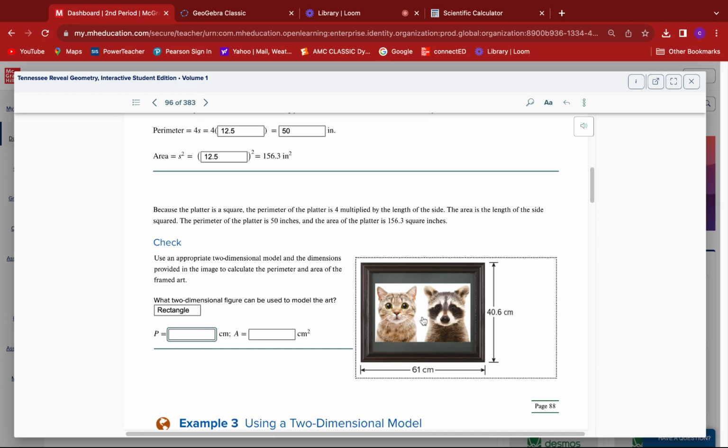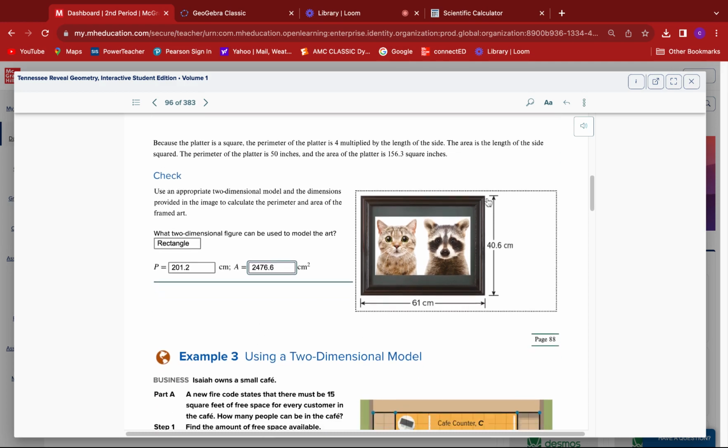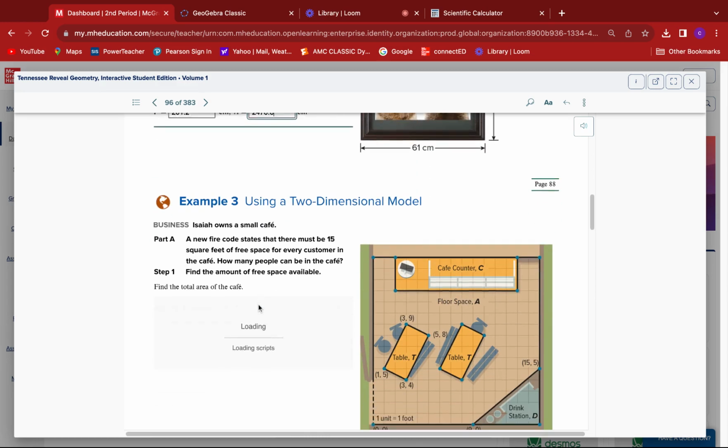It looks like we got 201.2. And area, base times height, so 61 times 40.6. Big number. You should have 2,476.6, and that's square centimeters. Remember, area is just length times width or base times height, however you want to look at it.